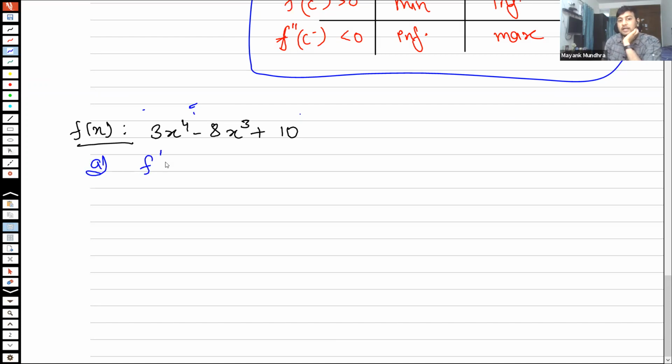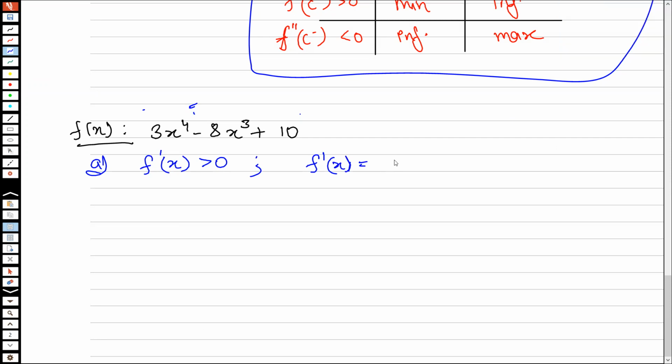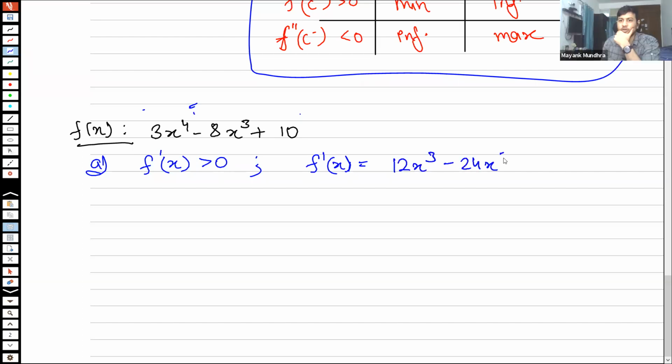For that I need f prime of x positive. So what is f prime of x for this function? Yuvakshi, what is f prime x for this function? Sir, 12x cube minus 24x square. Okay.